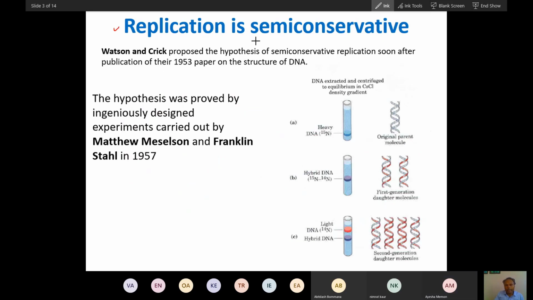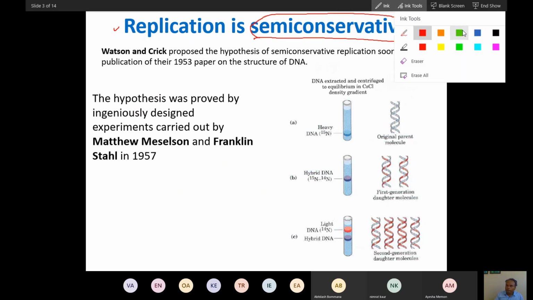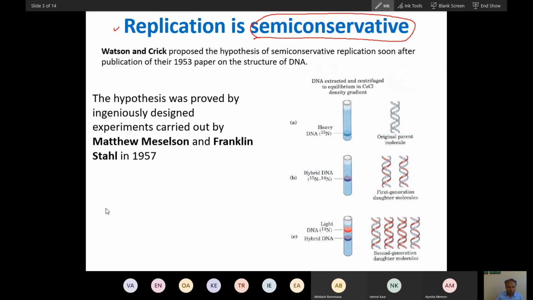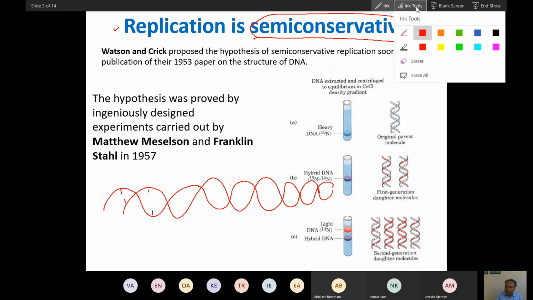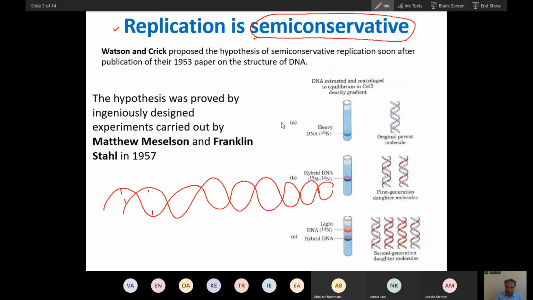So see, replication. This is DNA, okay? On this DNA, when replication occurs, what will happen?